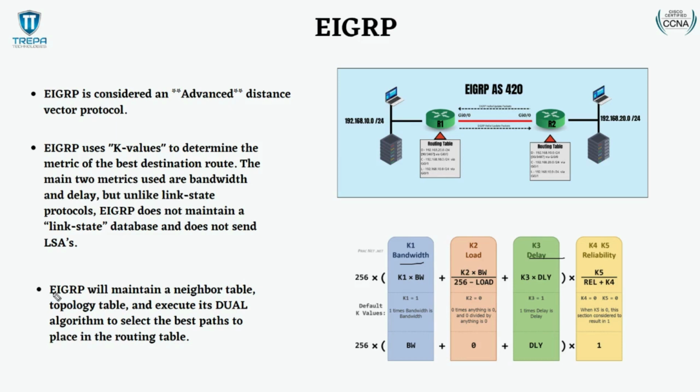So EIGRP does do the basic things that all routing protocols do. It creates neighbors in its neighbor table. It's going to create a topology table similar to the link state database of OSPF. And then it's going to execute its algorithm on that topology table and place the best routes or paths to a destination route into the routing table.